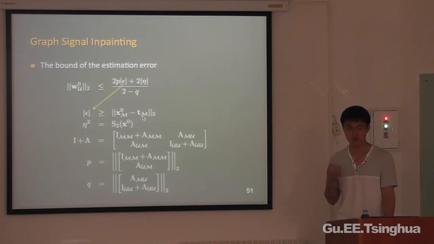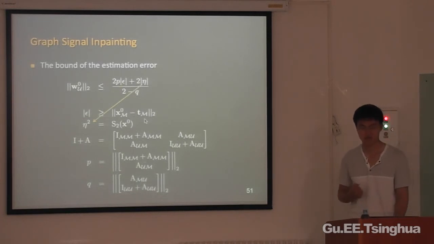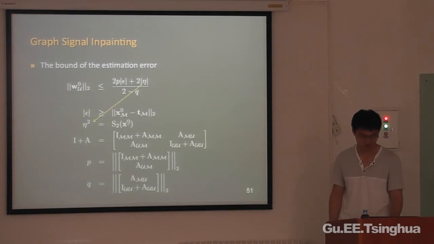So it means if we measure it pretty well, then this guy is 0, so we get a lower bound. So it means we want to measure our true graph signal well. The second thing is the smoothness of the true graph signal. So still, if the graph signal is very, very smooth, so n is small, then we have a lower bound.